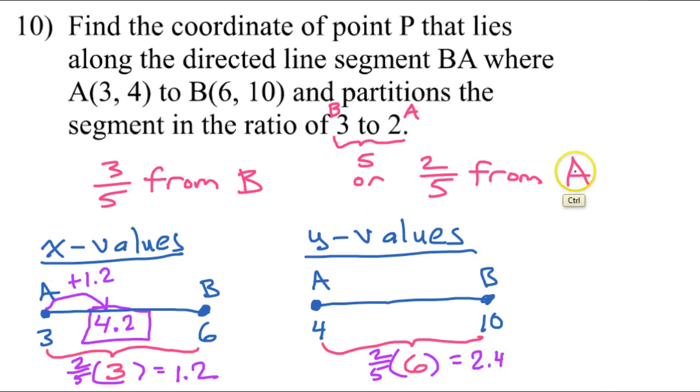So that tells me how far to go from A. So I'm going to start at A and I'm going to go 2.4. So that means plus 2.4. So 4 plus 2.4 is 6.4. So this will be the y value of my partition point.